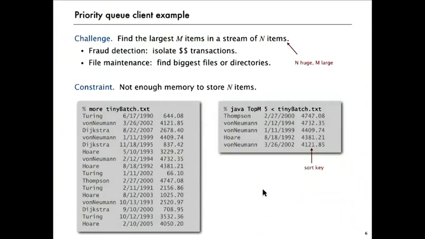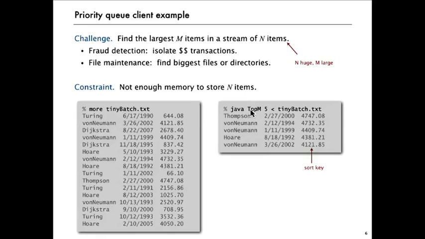This is just some test data where we've got all these transactions. We want to be able to take in data like this, and again, an unbounded stream of data. But let's say we want to keep track of the top 5 values using the third column as the value.